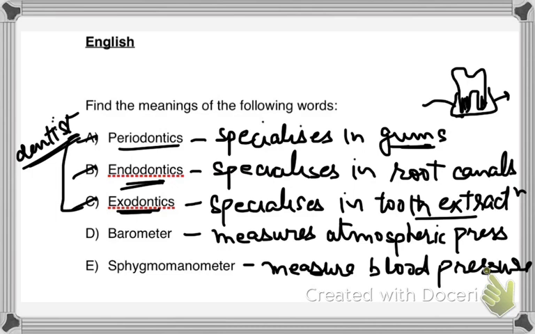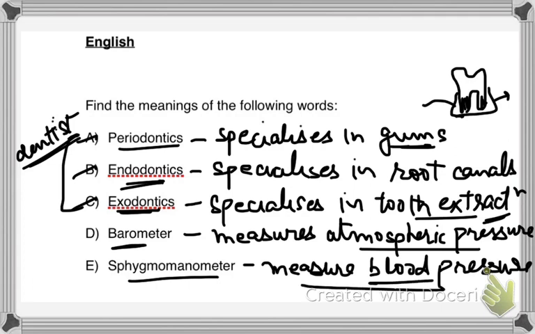An expert in extraction is called an exodontist. Now we move on to the fourth word, barometer. Barometer is an instrument that measures atmospheric pressure. And sphygmomanometer is an instrument that helps to measure the blood pressure. So these are your five words.